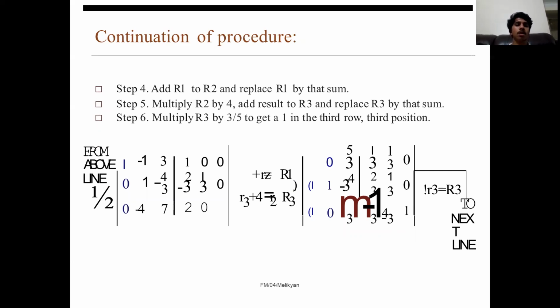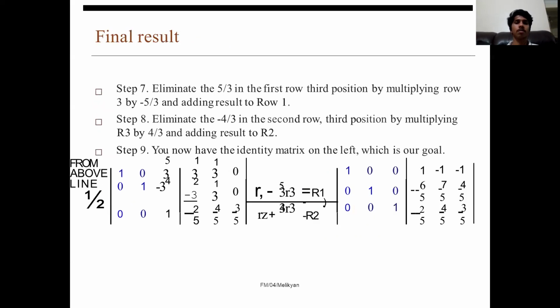Step 6. Multiply R3 by 3/5 to get a 1 in the third row, third position. Step 7. Eliminate the 5/3 in the first row, third position by multiplying row 3 by -5/3 and adding the result to row 1. Step 8.